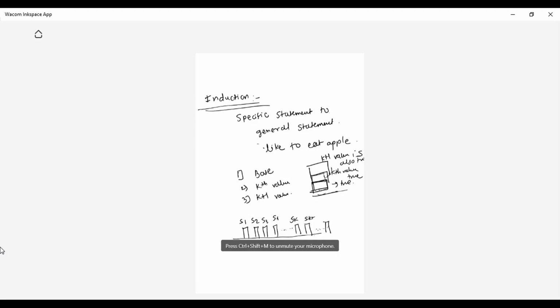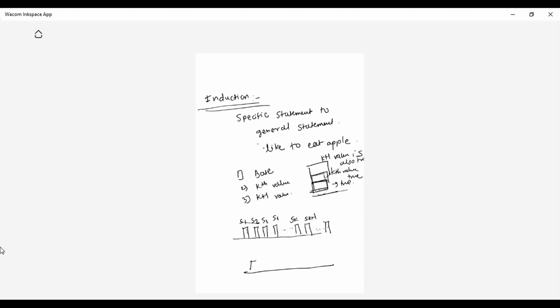Suppose I have these statements, student, and you have to imagine these statements as cards. Suppose the S1 statement is the first card, the S2 statement is the second card. These are the statements that we are dealing with right now under the logic, right? So these statements are nothing but the cards that you have to imagine.